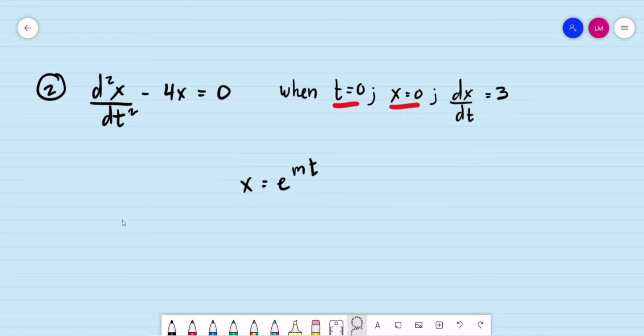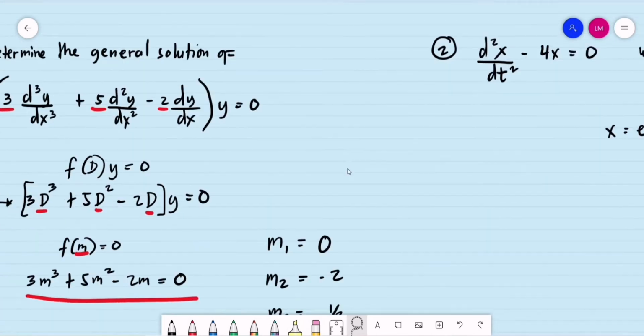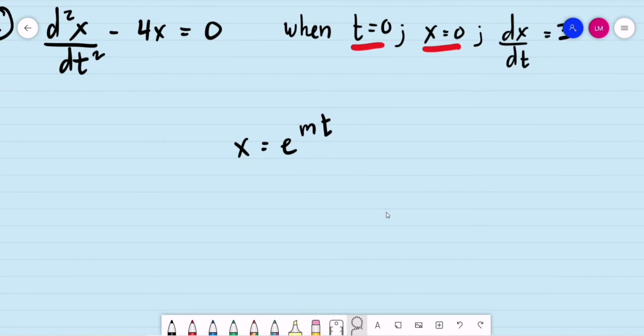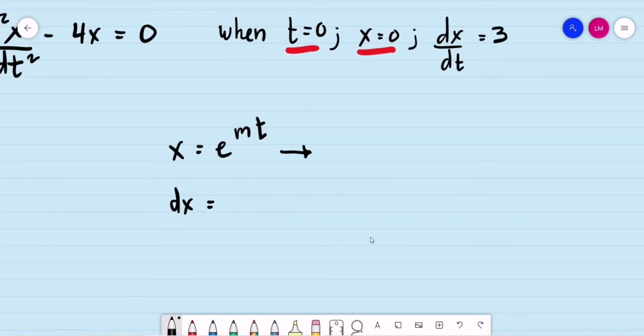Instead of using the differential operator D, I'll be giving the equivalence of the first derivative of this expression. That is, the first derivative dx is equal to, what is the derivative of e raised to mt? If we recall our differential calculus, the derivative of e raised to u is simply e raised to u du.